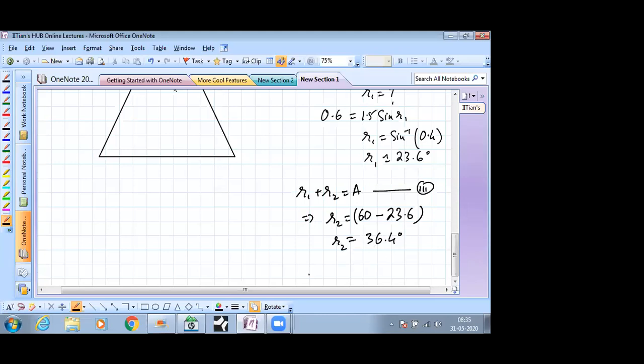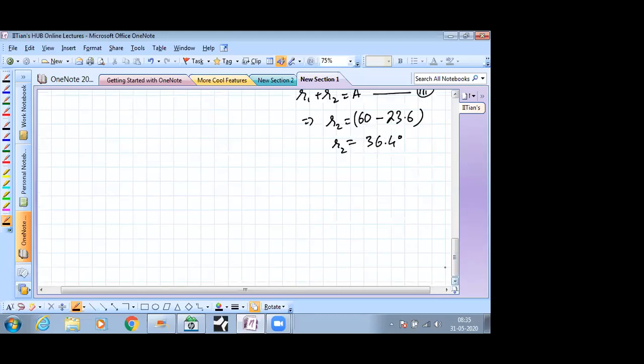So r2 becomes this. And then we have the relation that mu sin r2 is equal to sin e. That was actually the second relation. So we substitute this here. From this we will get e as sin inverse of 1.5 into sin 36.4. Sin 36.4 will be very close to sin 37, so we can even use an approximate value.